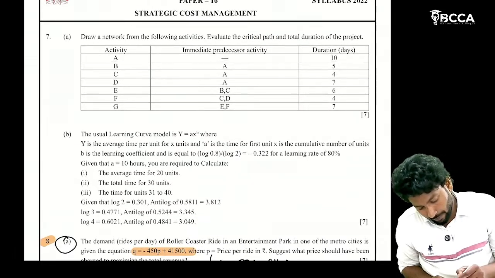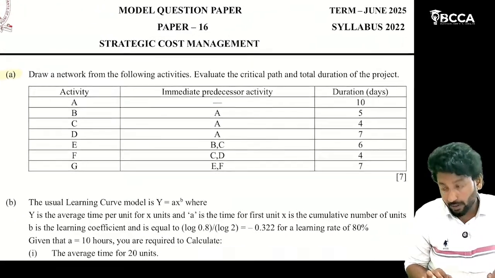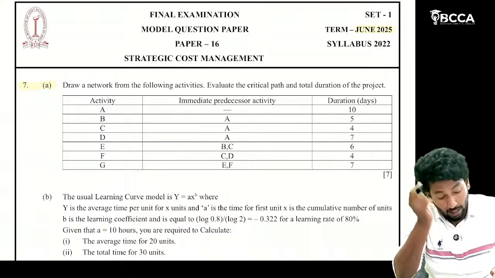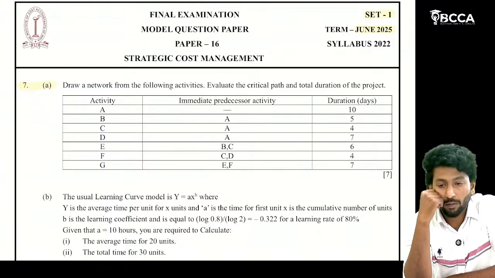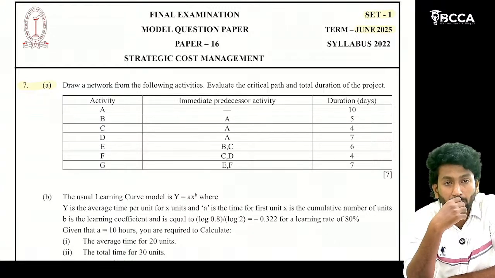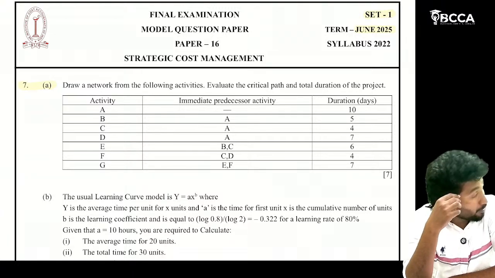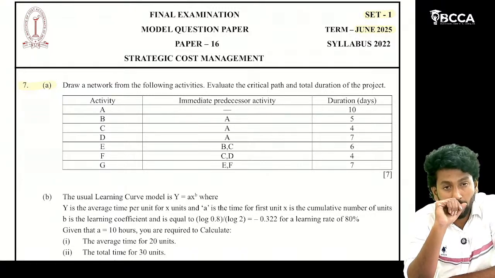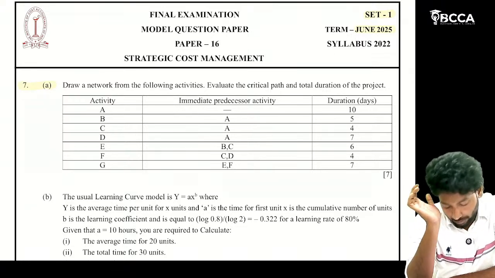Guys, this is the June 2025 attempt MQP, set 1, the first set. Set 2 is not yet released, I think, and will be released soon. After set 2 is released, we will check that MQP also. Here the activities are represented with alphabet names only, and a number sequence is not given in this question. Read this question and try to draw the diagram.